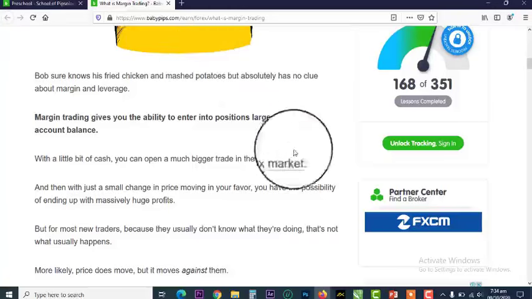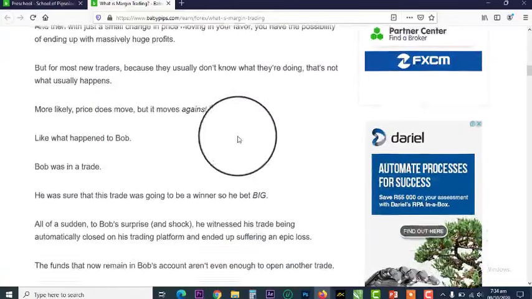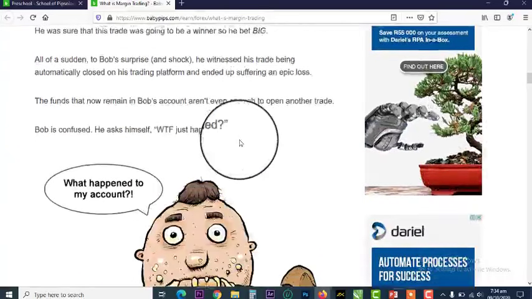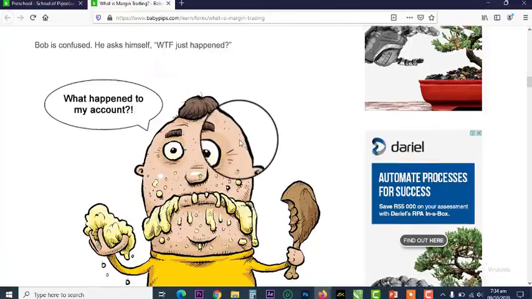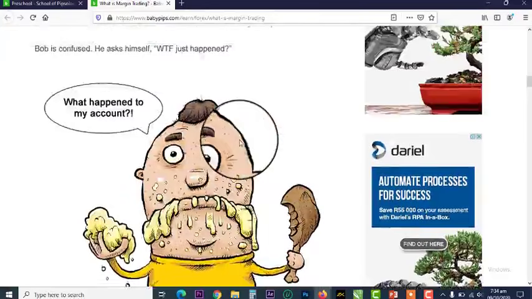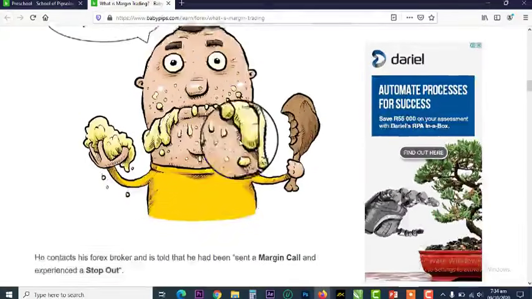Now your broker will enable you to put a percentage amount of that money into your account. Your broker will let you deposit like 2% of that amount into your account, and then he will let you trade like you have 100,000 US dollars in your account. So that money which you are putting into your account is called a margin, right?